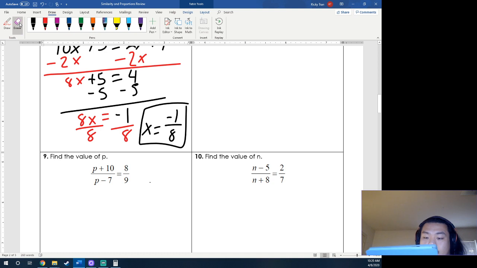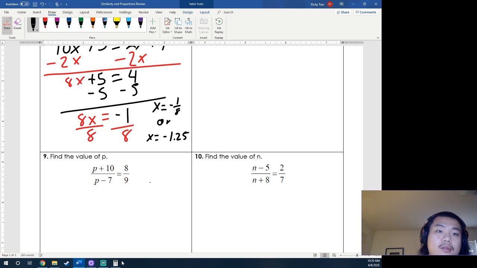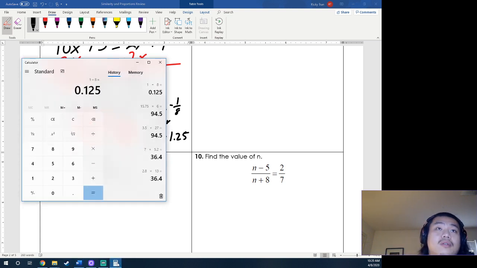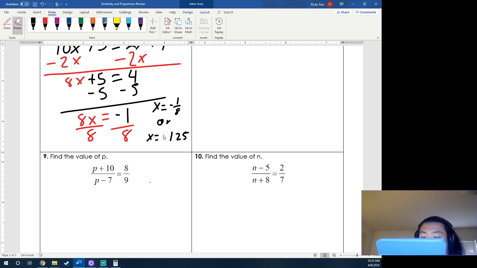I'm going to make a note. X equals -1 over 8, or X is equal to -1.25. Wait, was it 1.25? Was it 12.5? Oh, 0.125.